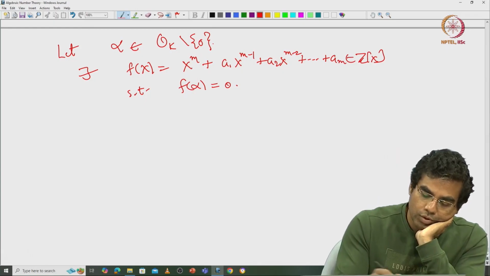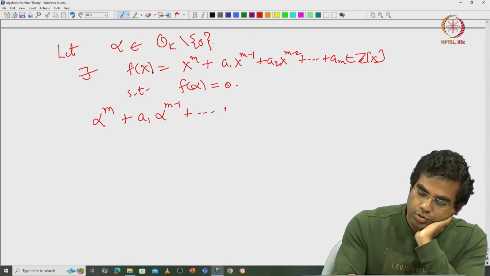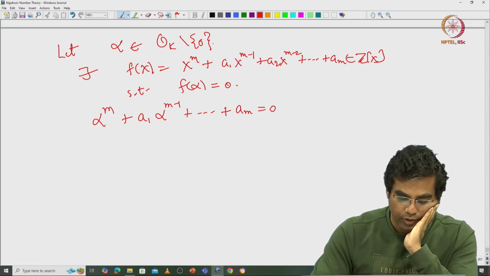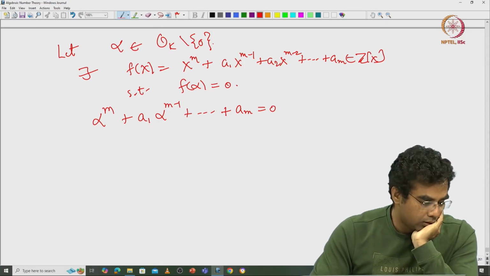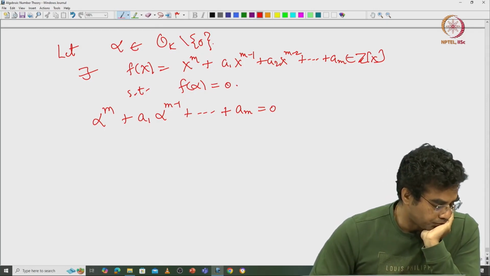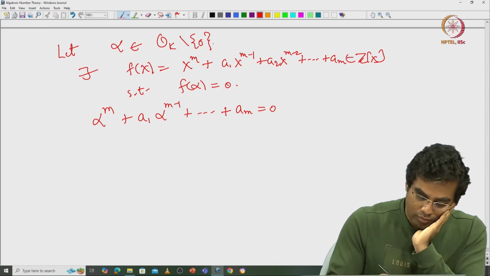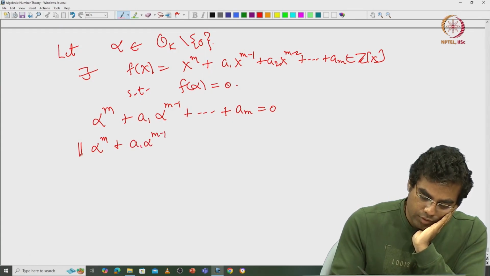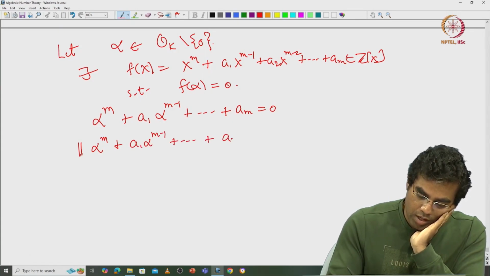Okay. So, what do I know? I know that alpha to the m plus a1 alpha to the m minus 1 and so on up to am is equal to 0, right. Now, what do I know from this? I know that valuation of alpha to the m plus a1 alpha to the m minus 1 and so on up to am is equal to 0.